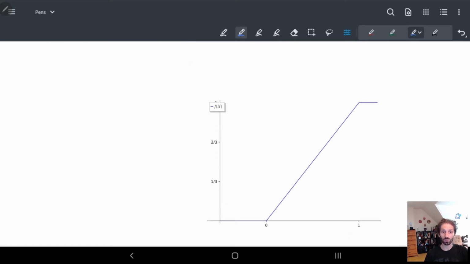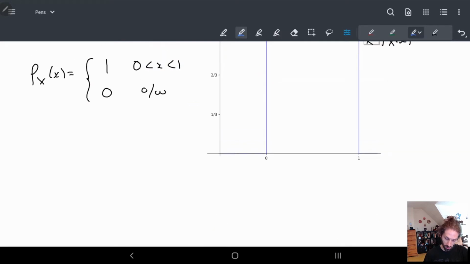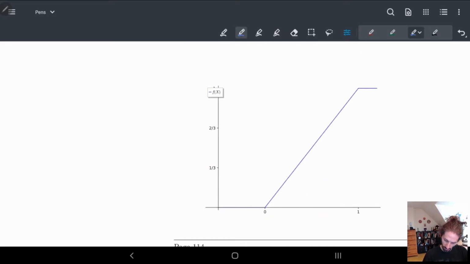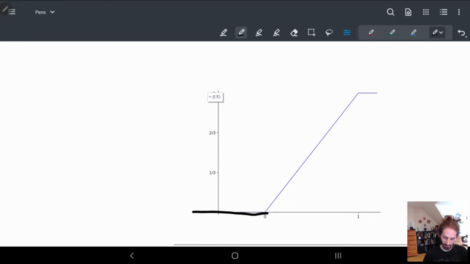It's a cumulative distribution function. So basically what we have to do is calculate the areas, right? So up until 0, the area is 0 and nothing happens.